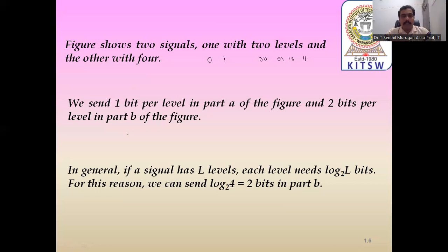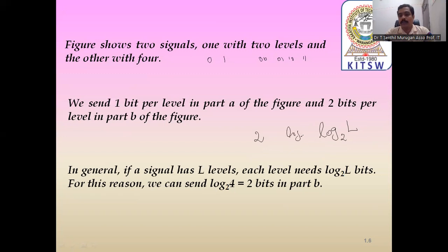If you want to find the number of bits for the levels, each level needs log base 2 of L bits. How many bits are required for L levels? Log 2 of L bits. This is used for finding the bits. If you want to represent 2 levels, what is the value?